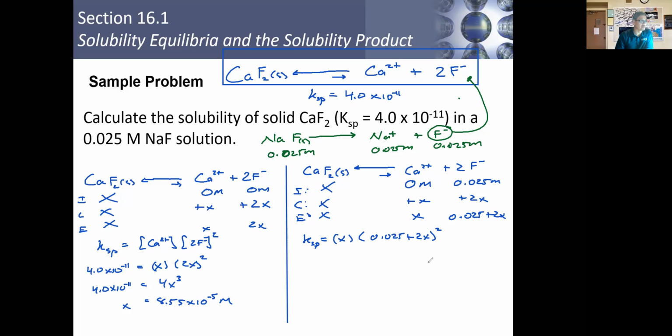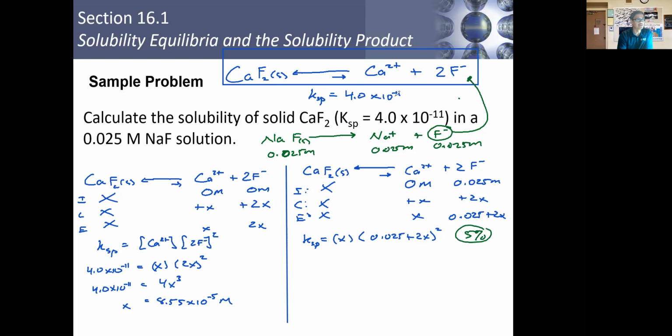What we can do here, which we could have done earlier, is that since this Ksp value is fairly small, this X is going to be a fairly small X. Whatever X is, it's going to be small enough that it will not change this value here. Essentially, we're using the 5% rule, so we're going to assume the 5% rule here.